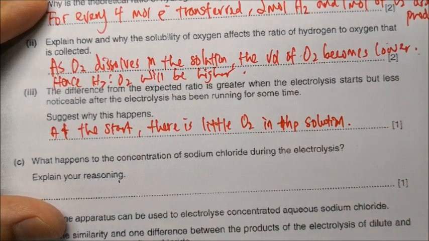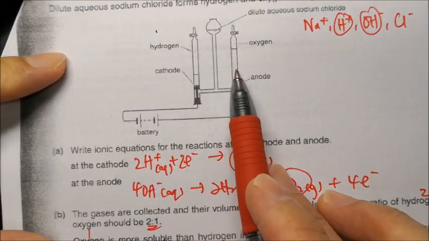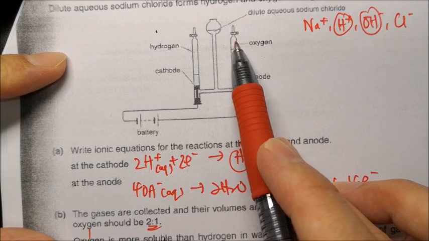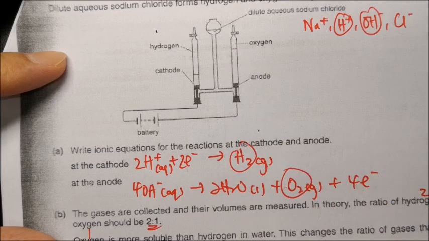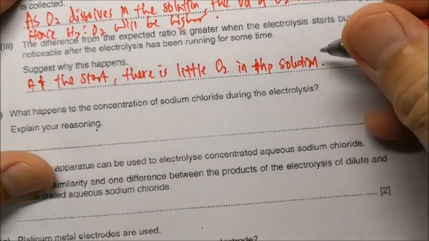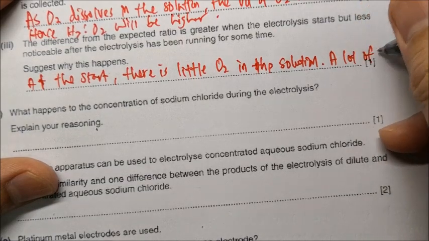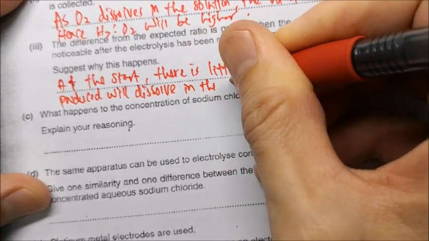When there is very little oxygen in the solution, what happens is a lot of the oxygen that is produced will be able to dissolve in it. So a lot of O2 produced will dissolve in the solution.